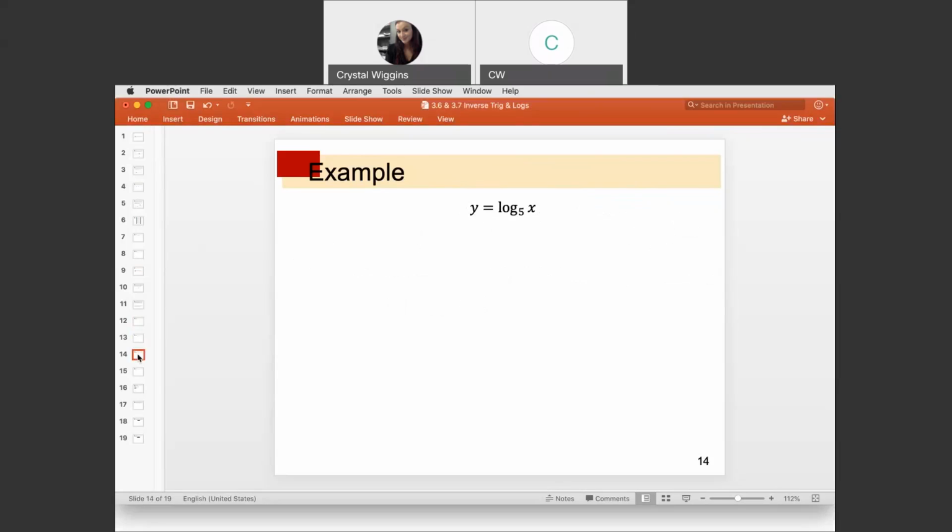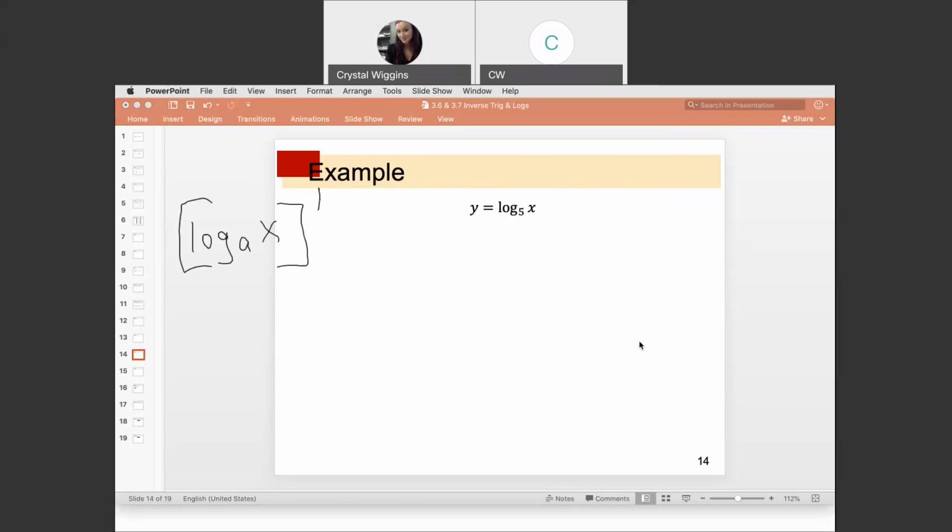Next example, y is equal to log base 5 of x. So recall that when taking the derivative of log base a of x, the common log as it's called, we have 1 over the inside function times the natural log of the base, which is just a number.